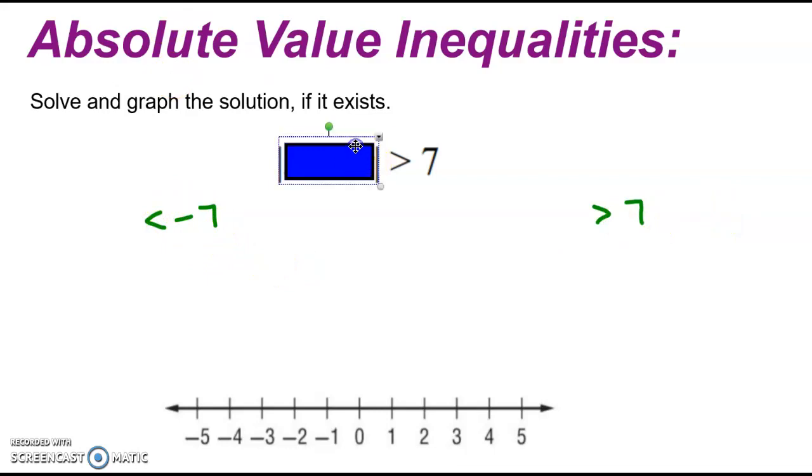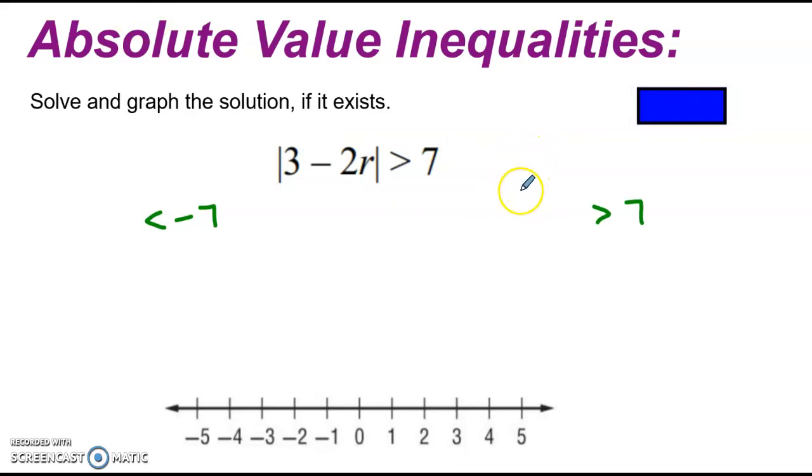Now I'm going to move my little sticker away and we'll just set up these problems. So we have 3 minus 2r is greater than 7, and we have 3 minus 2r, same expression, is less than negative 7. And now we just solve and graph. So here we go. We're going to subtract 3.